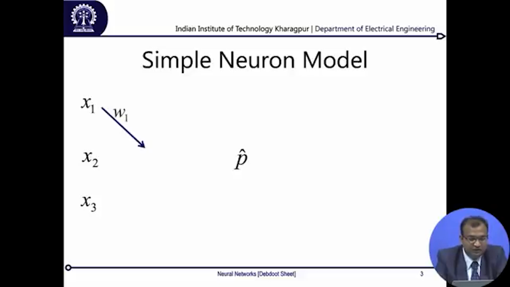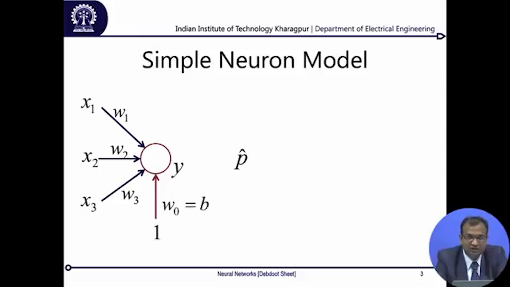Now let's have a very simple model which says let's multiply each of these observation points with a certain weight. So x1 is multiplied by a weight w1, x2 by a weight w2, and x3 by a weight w3. Additionally we take another weight called w0, or the bias, and you can also define this bias as unity multiplied by a weight w0.